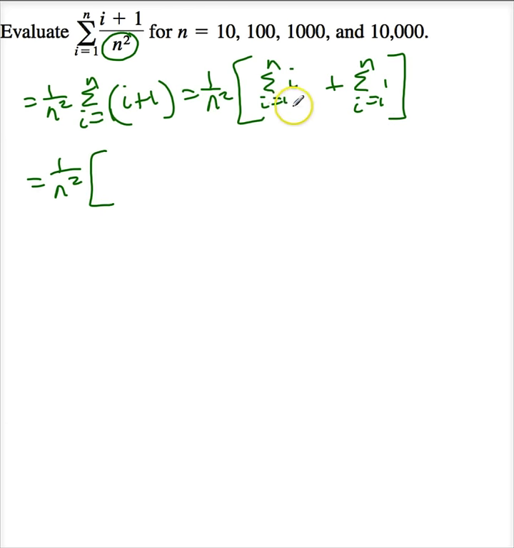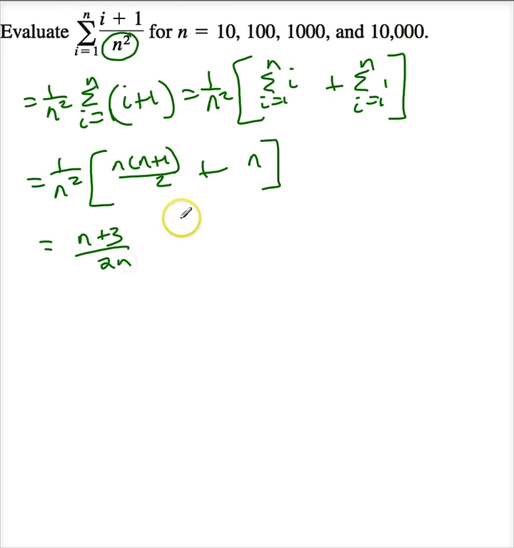Now you remember the sum as i goes from 1 to n of i is n times n plus 1 divided by 2. And the sum of a constant is just the constant times n, so this is just n. So let me rewrite this. If I simplify this, it becomes n plus 3 divided by 2n.